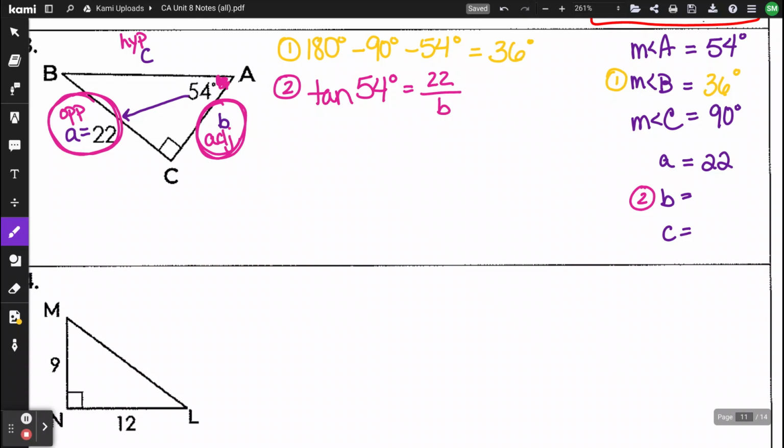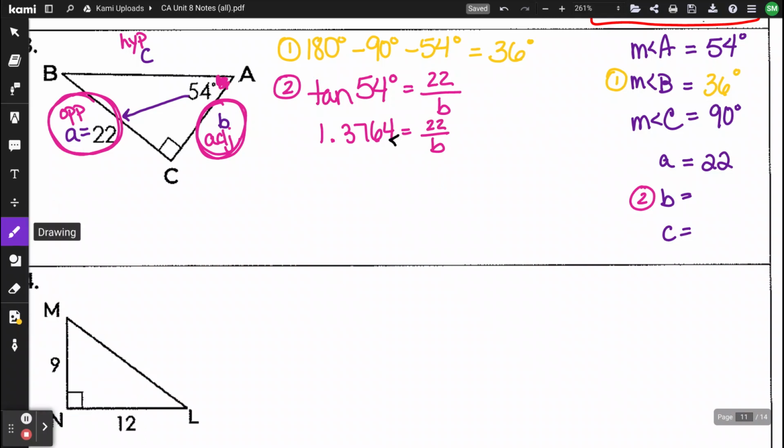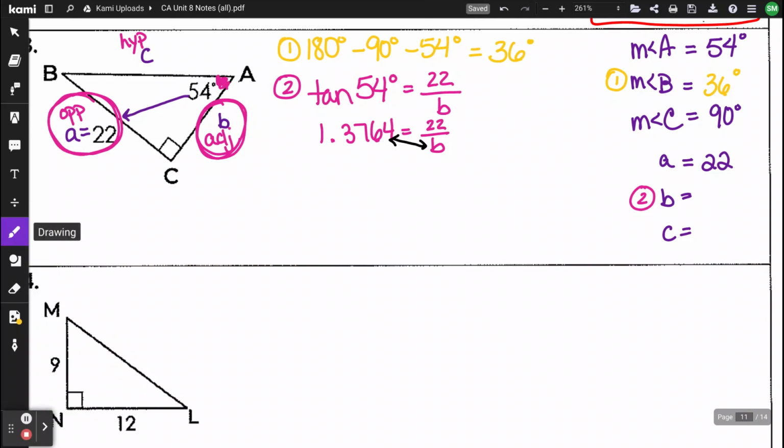Now we can take the tangent of 54, and that is 1.3764. Now remember our little hack from last week. We can swap the b and the 1.3764.